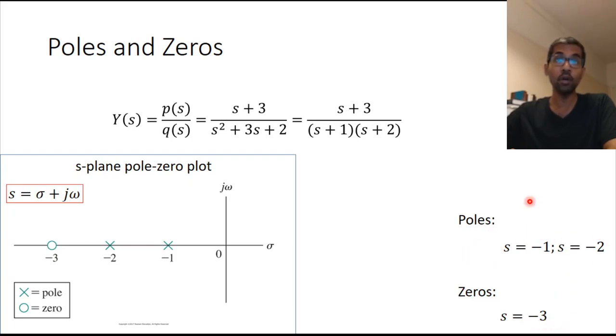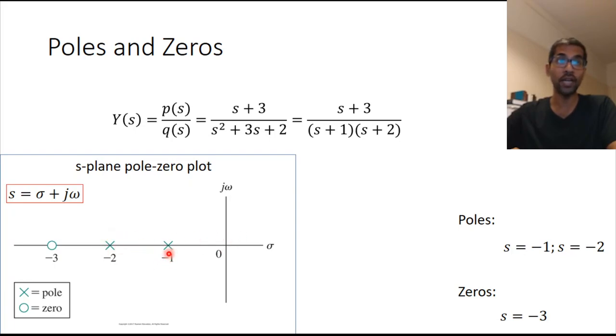Now we can plot these poles and zeros in the s plane, right? So s has a real component, which is denoted by sigma, and an imaginary component, which is denoted by j omega. Now these poles and zeros can be plotted on this s plane.